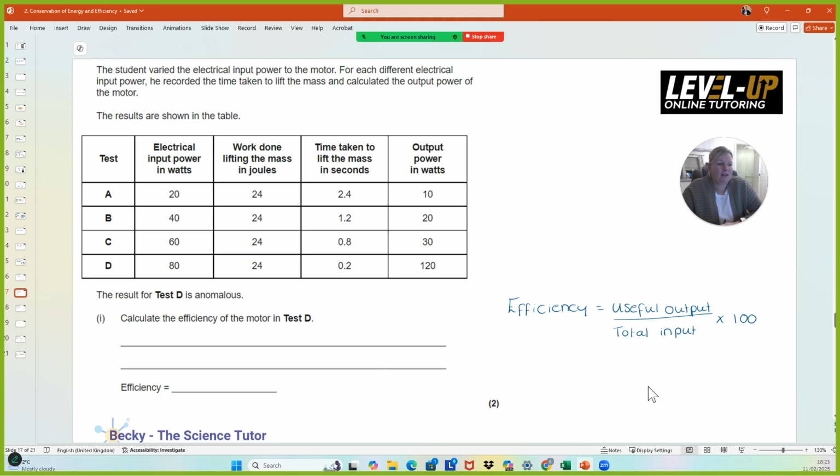For those of you that are wanting modelling, just in case you're a little bit stuck, we're going to go for the useful output. So we've got the electrical input and the power output.